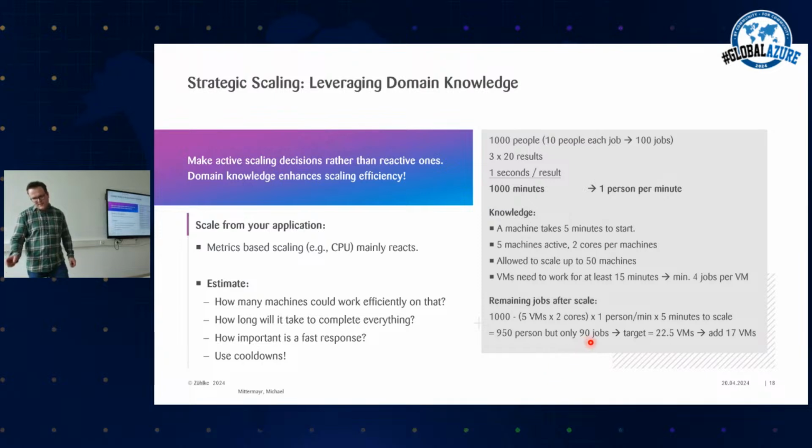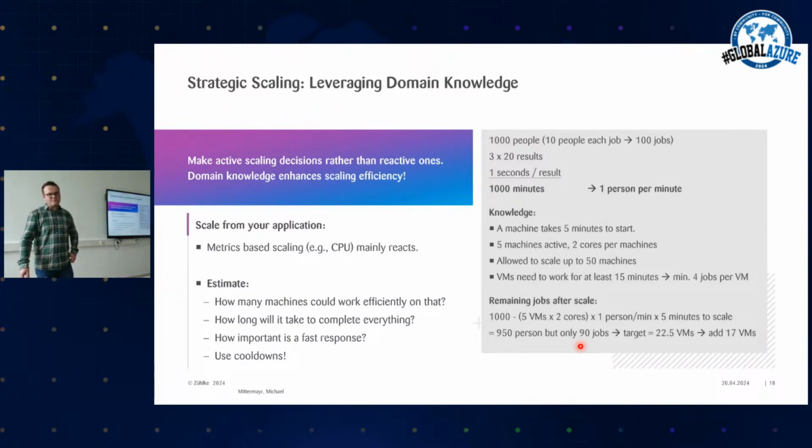Since we assumed that each of our compute slices has 10 people, we can't use any more than 90, actually 95, so my number is wrong. Anyway, you might add one more machine. So you have a limit on the amount of parallelism that you can use. Adding more machines or more CPU cores than chunks you have to compute doesn't make sense. So a chunk is the smallest unit that can be given to a machine in order to compute.